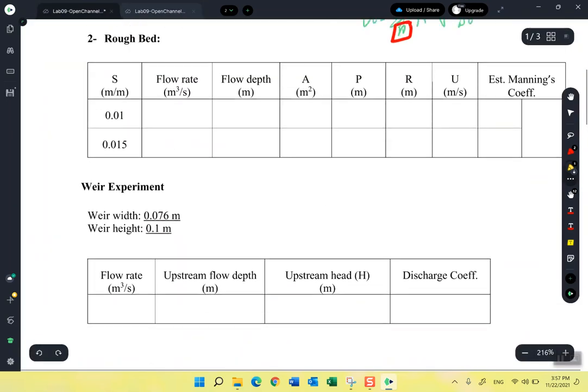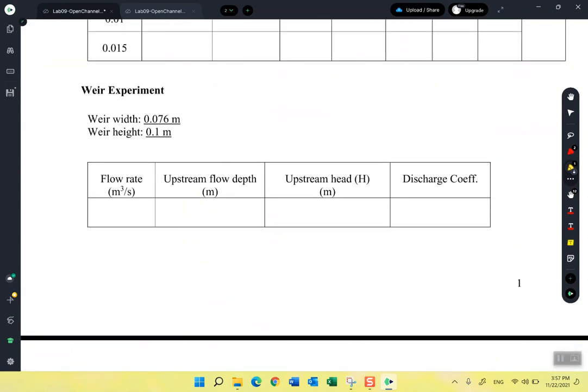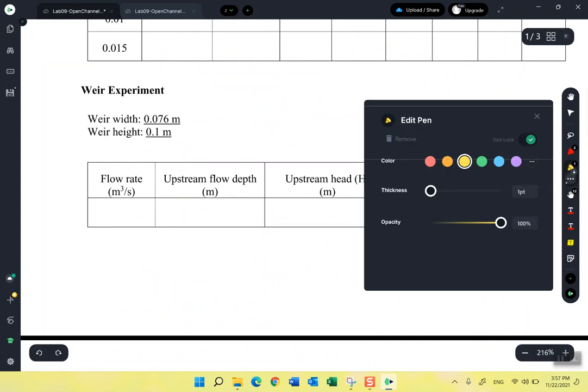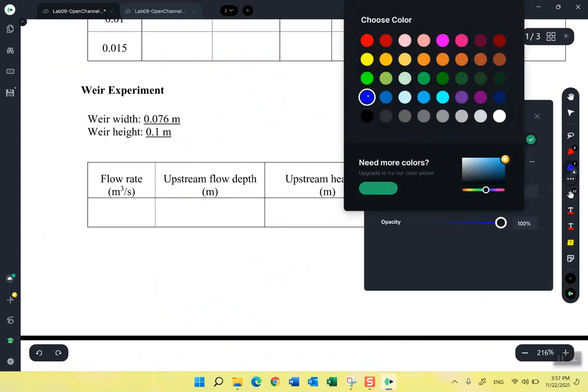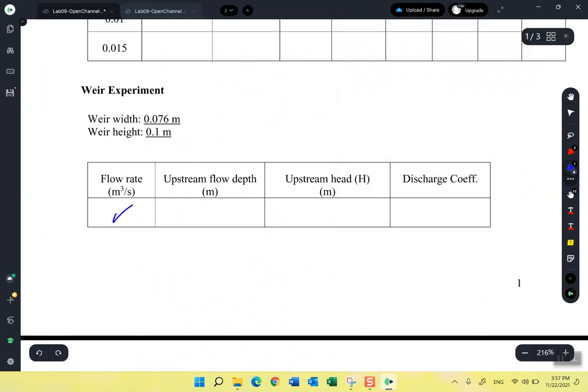And before making the experiment, there is this weird experiment here. Same as before, we will start by measuring the flow rate and measuring the upstream flow depth.